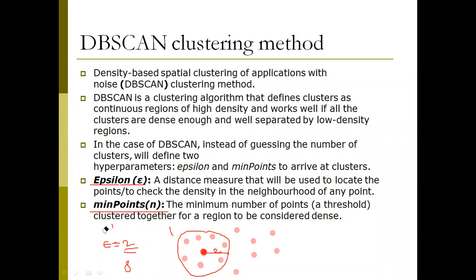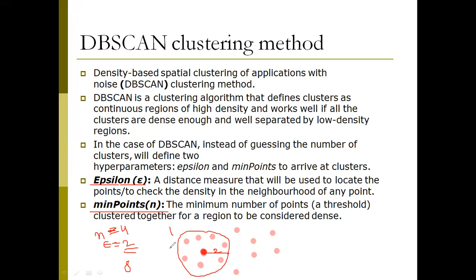So check that this particular cluster has data points at least equal to, or greater than or equal to, the minimum points. I have given minimum points n equal to 4, assume n equal to 4. So this cluster must have data points greater than or equal to 4.